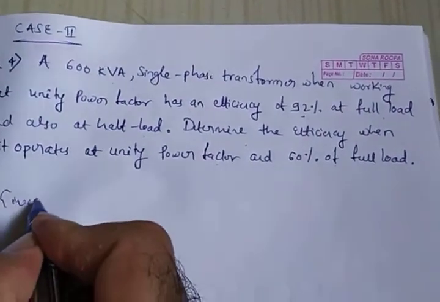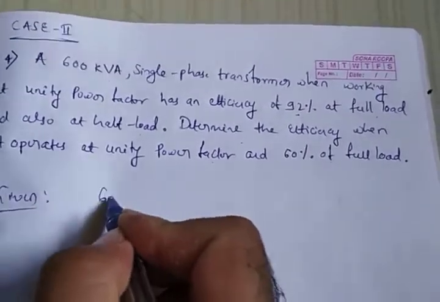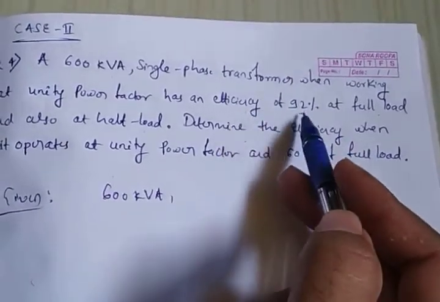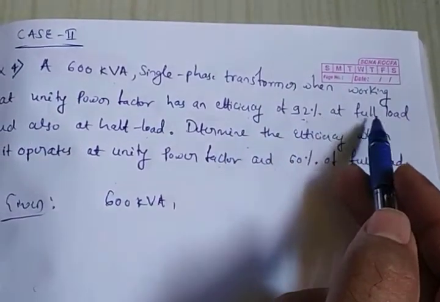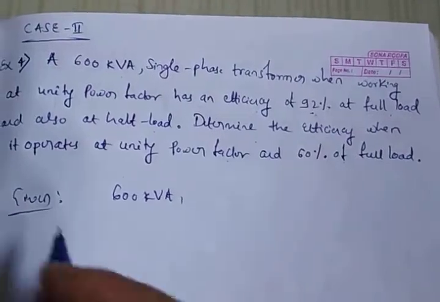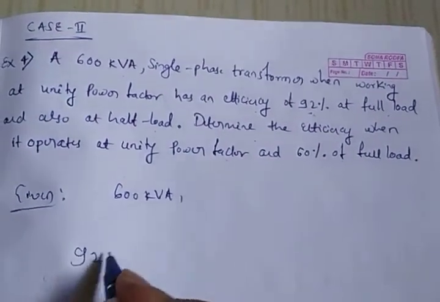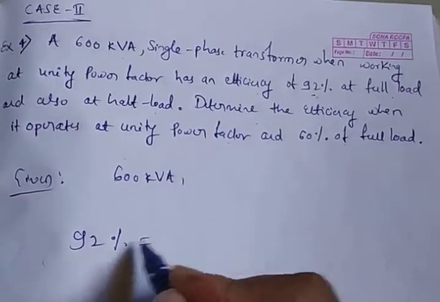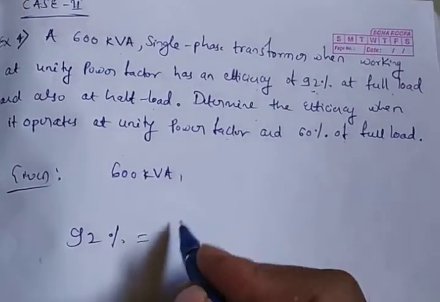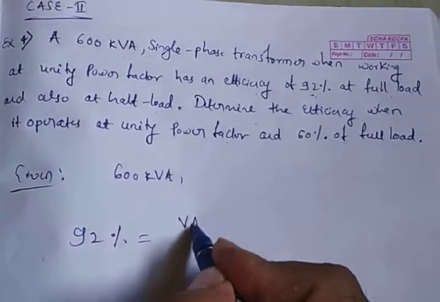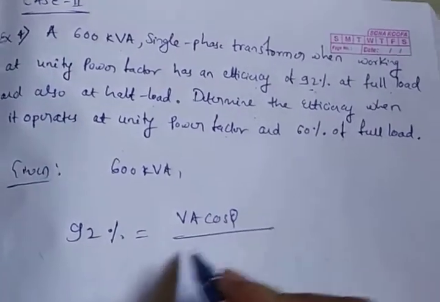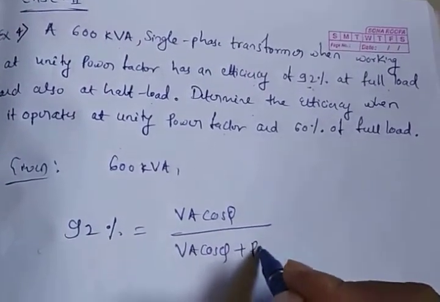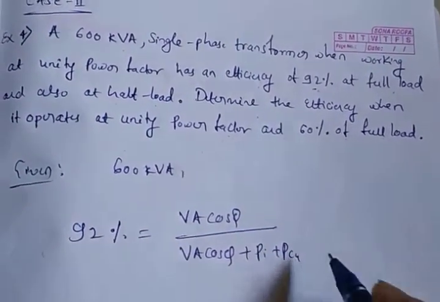So I will write the given data: 600 is the kVA rating of the transformer, and efficiency is 92% at full load condition. So 92% is equal to, efficiency is already given, the full load formula is VA into cos phi divided by VA into cos phi plus PI plus PCU.